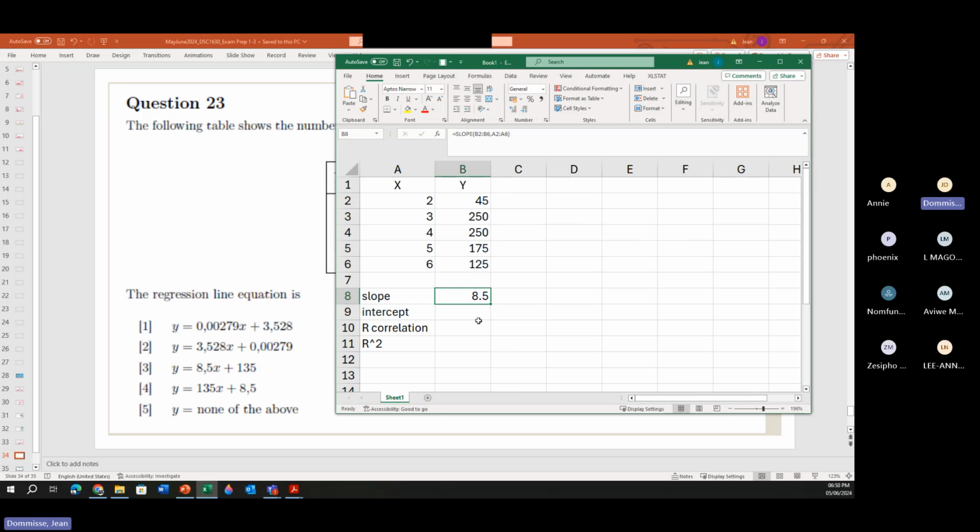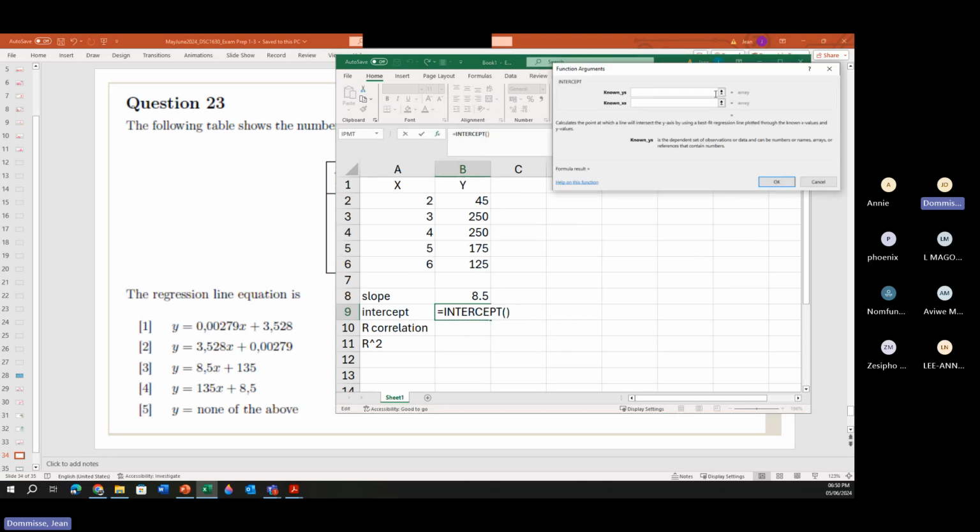And that is important because now you see the slope is 8.5. If we changed that around, first putting X and then Y, we would have gotten the intercept of 8.5. So just be very careful when you're using Excel that you put the data into the formula in the right order, because otherwise you would get a different answer.